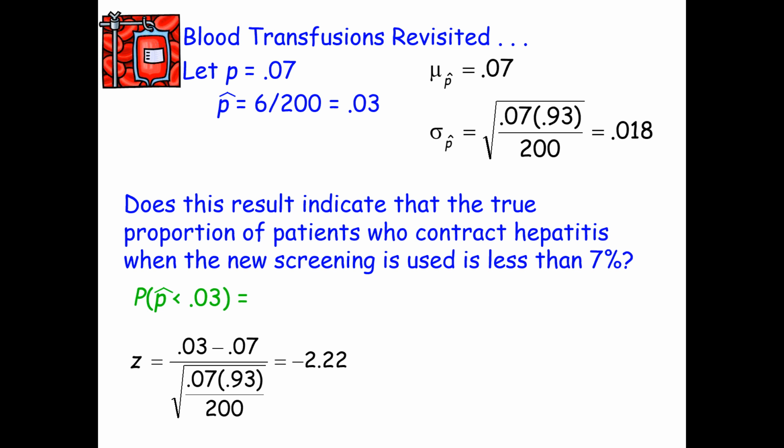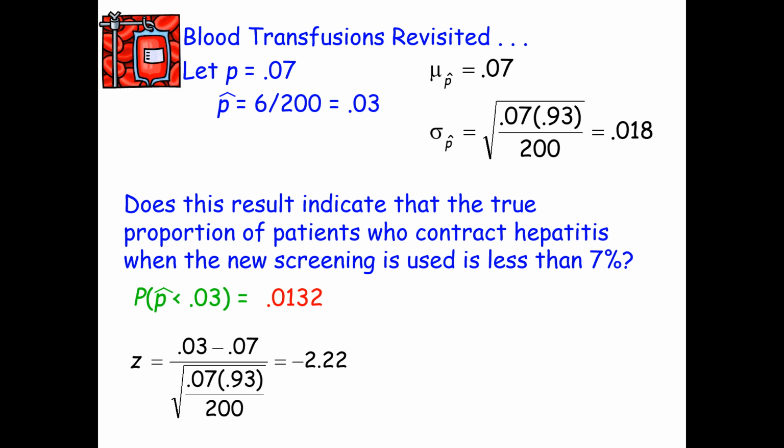So we're going to standardize our value, and that's going to give us a z-value of negative 2.22. We can calculate that using our calculator, or look it up in our table and get a probability of 0.0132.